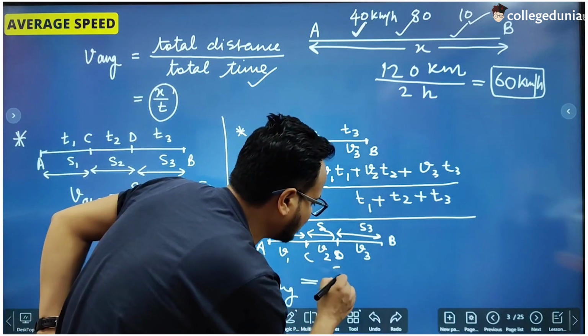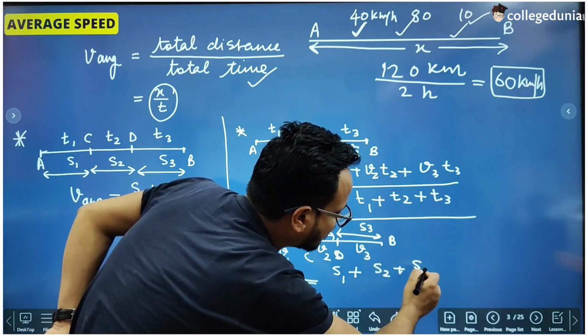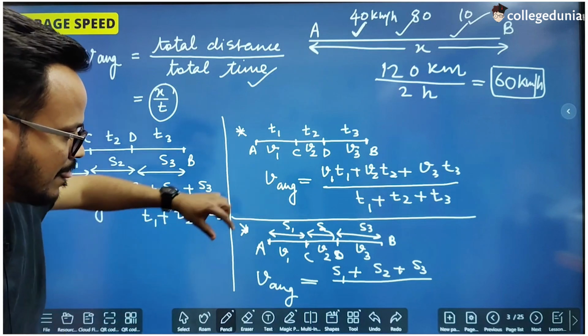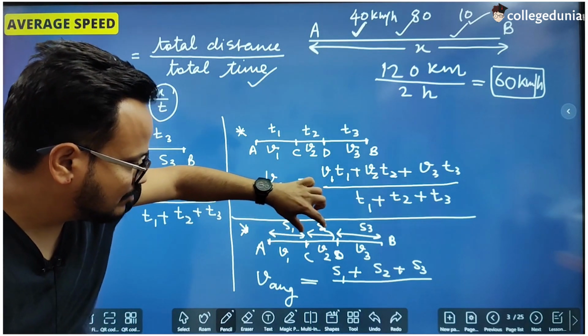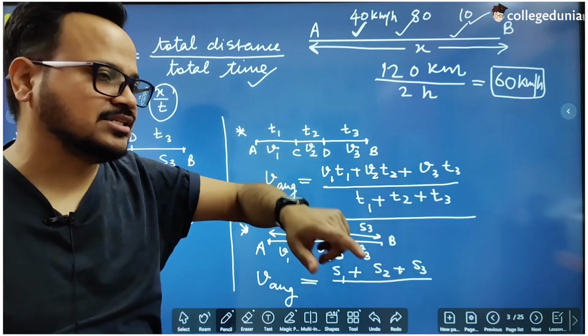Total distance in this case is S1 plus S2 plus S3, and the total time is distance upon speed. Speed is distance upon time, then time is distance upon speed, na?